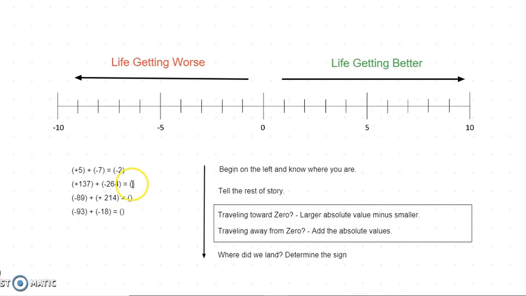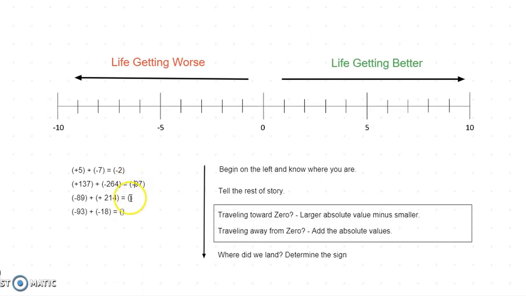So I can put that in here now. And the only thing left is to determine where we landed. In other words, is it positive or is it negative? Well, if you start at 137 on the right here, and you move to the left by a whole lot more than 137, you know you're going to land on the negative side, and so there's our sign.